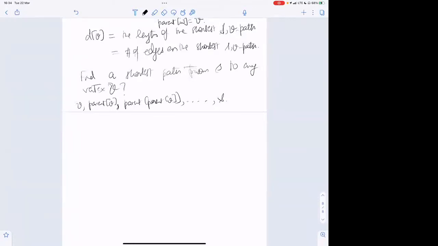So what I'm saying is, if you look at another graph which has edges V comma parent of V, correct? This is a subset of the edges. This forms a tree.